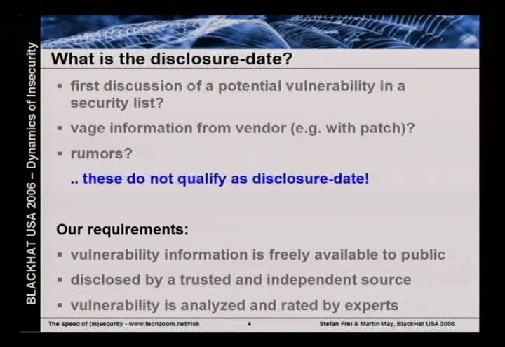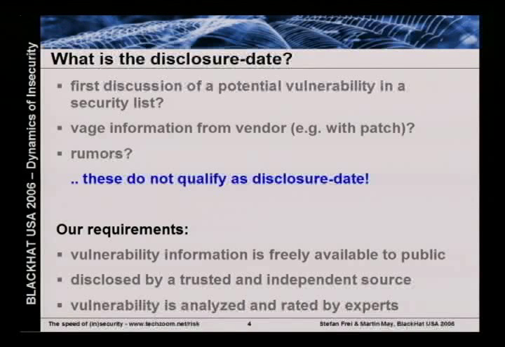For our definition, to be accepted as a disclosure date, it has to fulfill three important requirements. Number one, the information has to be made available freely to the public. If the information is available just to a closed user group or just for payment, this does not count as the disclosure date.